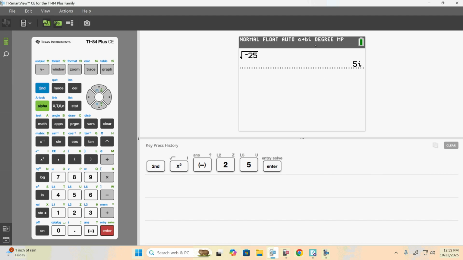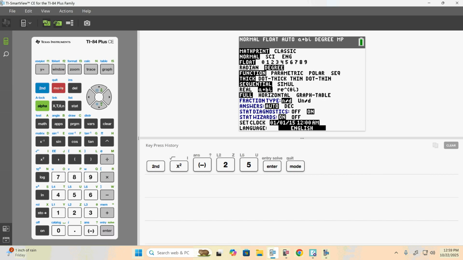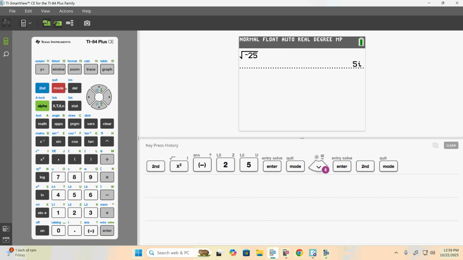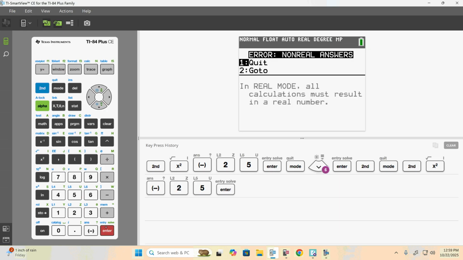If it's not, it will tell us non-real zeros. Because if it's set on real, instead of a plus bi, when I take the square root of negative 25, it'll tell us non-real answers. And that's true because 5i is not a real number. It's not a real answer for this here.